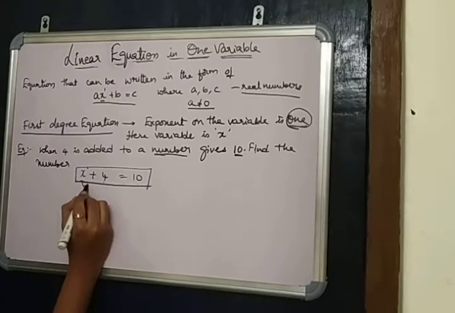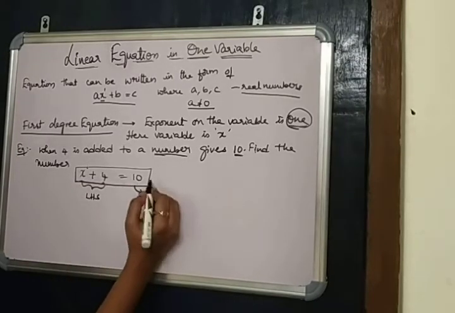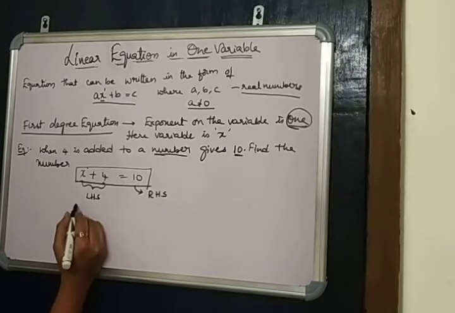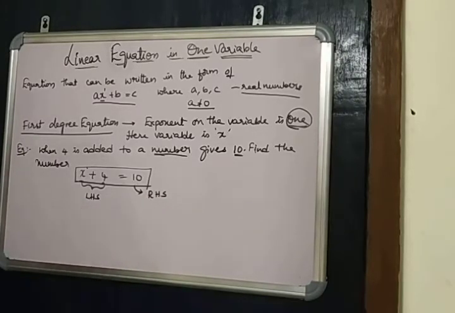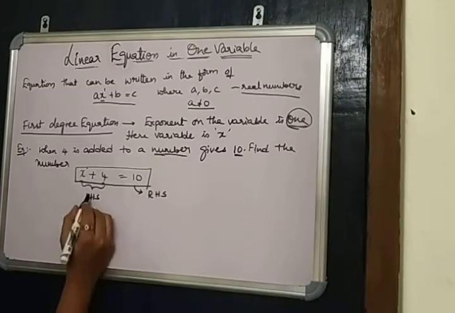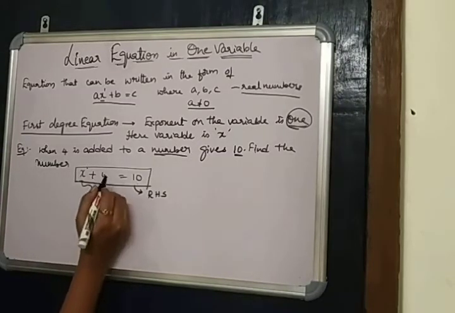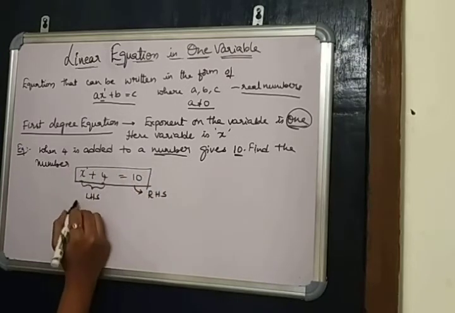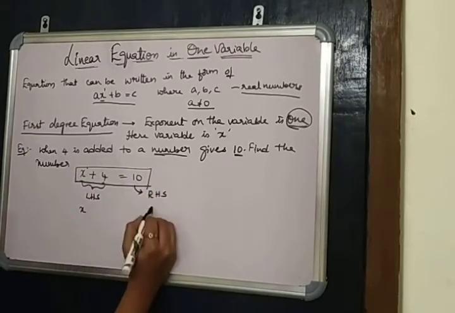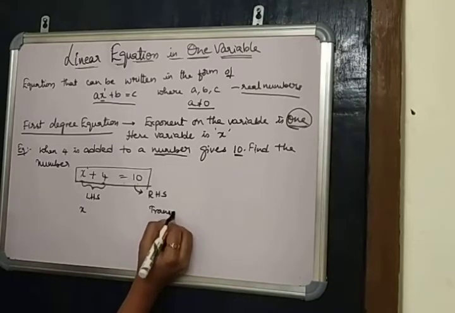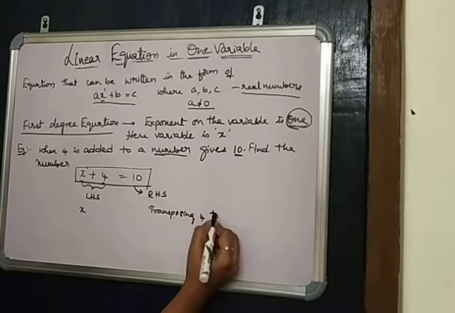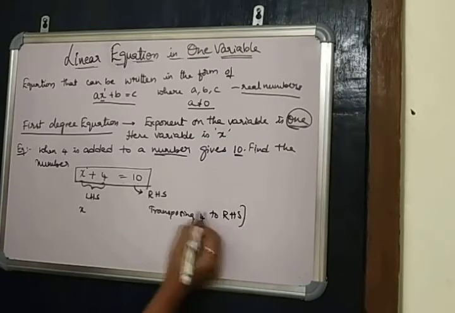This is the left hand side, LHS, and this one is the right hand side, RHS. We are using the transposing method here. We have to transpose this plus 4 to the right hand side.